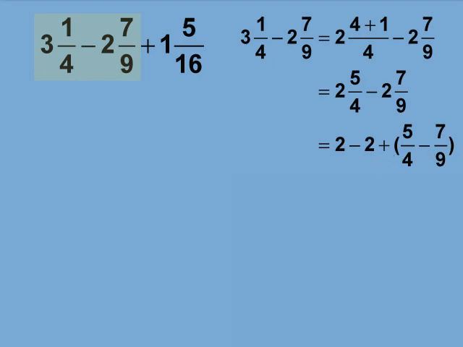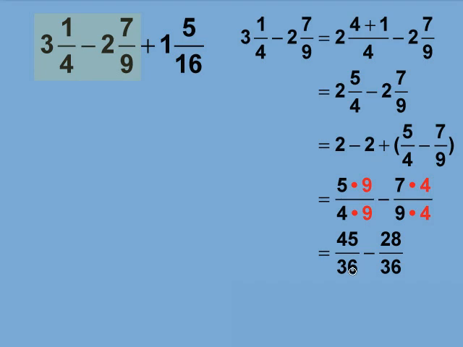You can generate equivalent fractions, but since 4 and 9 don't have any common factors greater than 1, the least common denominator is their product. The common denominator is 36. Rewrite each fraction to have this as a denominator. We get this subtraction expression, which simplifies to 17/36.